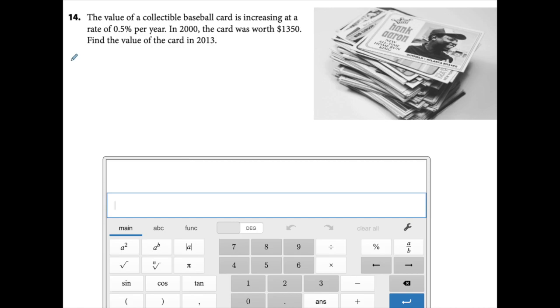So this is basically just picking out the important information and setting up an equation. It's not too interesting in that regard. So remember, everything is going to look like this. First of all, it's increasing. So let's let t be the number of years since 2000.